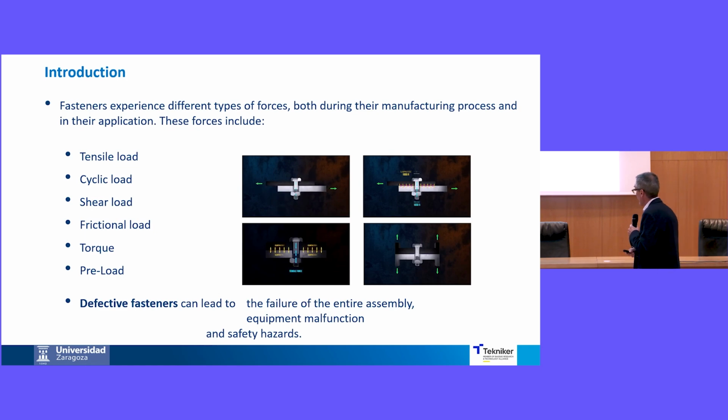They need to carry a lot of different kinds of loads. So it's important that these fasteners are good, because defective fasteners could lead to the failure of the assembly or the structure, and we have to avoid that.